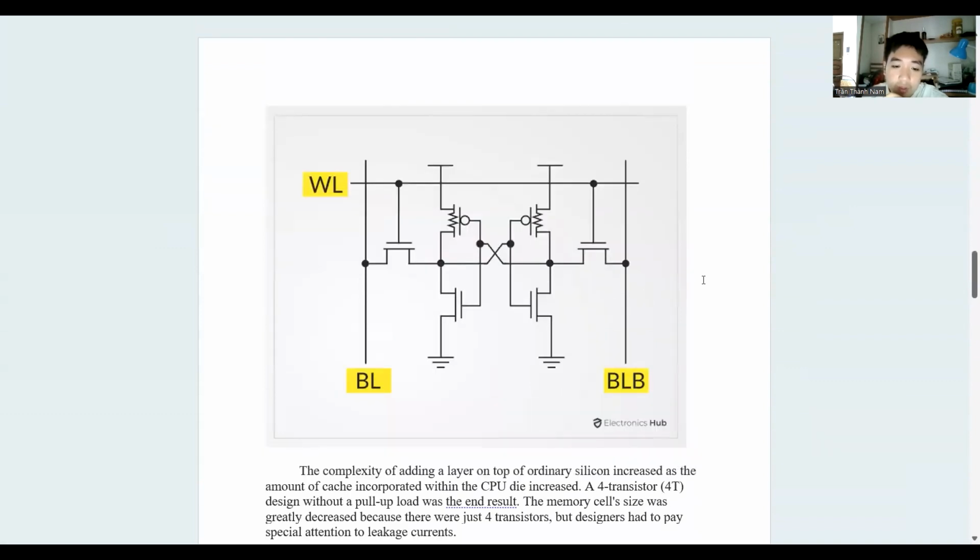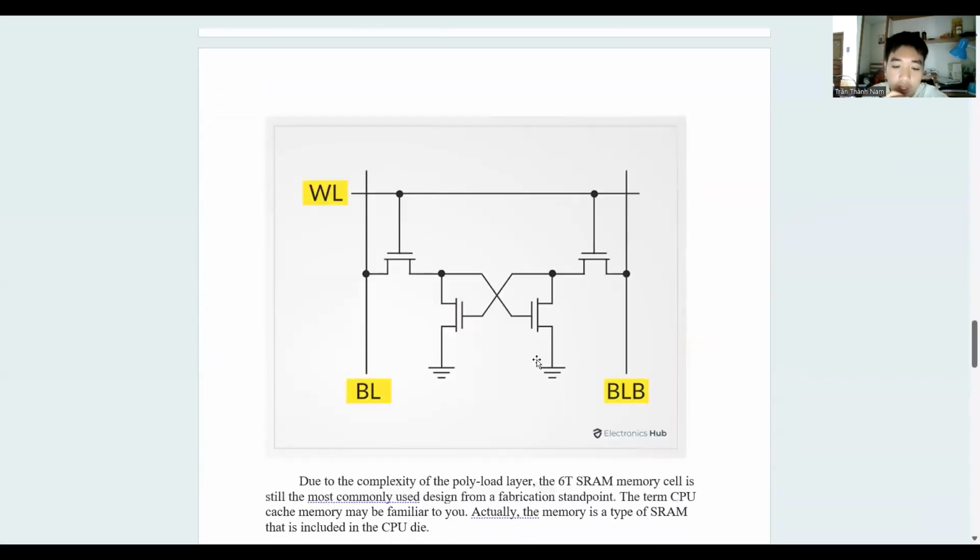The complexity of adding a layer on top of ordinary silicon increased as the amount of cache incorporated within the CPU die increased. A 4 transistor design without a pull-up load was the end result. The memory cell size was greatly decreased because there were just 4 transistors, but designers had to pay special attention to leakage current.